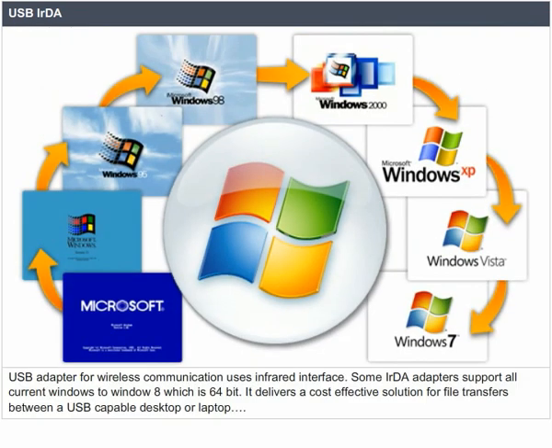USB IrDA. USB adapter for wireless communication uses infrared interface. Some IrDA adapters support all current Windows up to Windows 8, which is 64-bit. It delivers a cost-effective solution for file transfers between a USB-capable desktop or laptop.